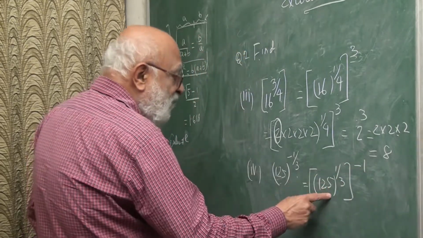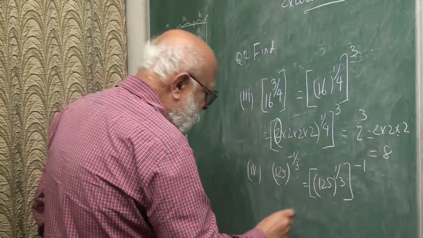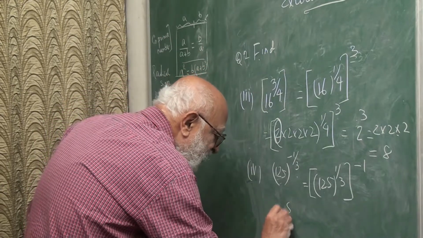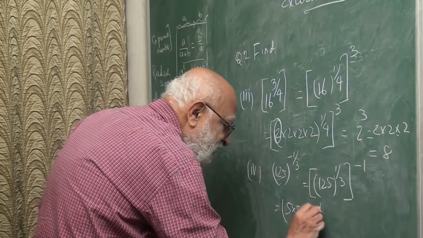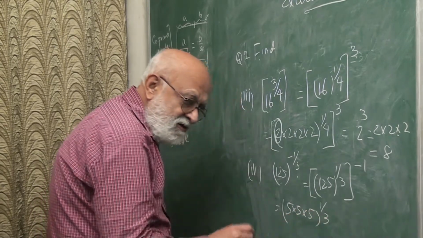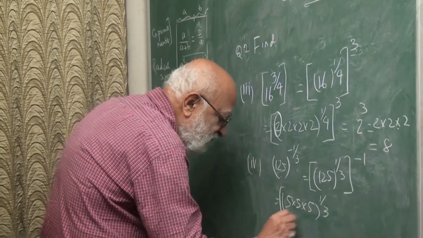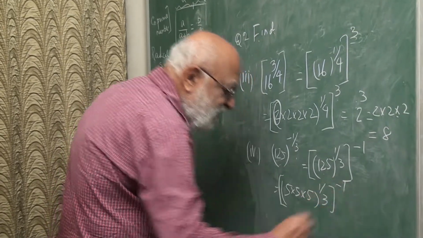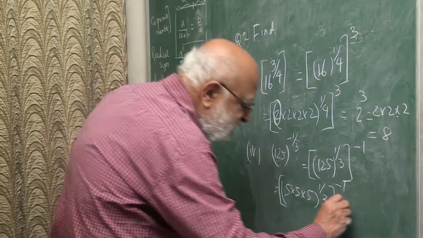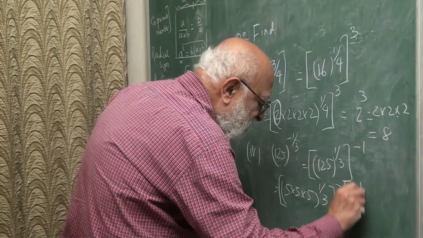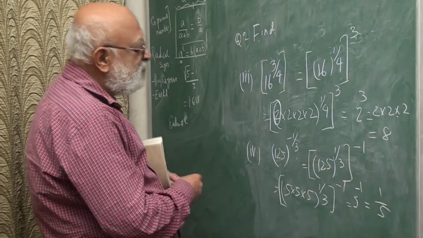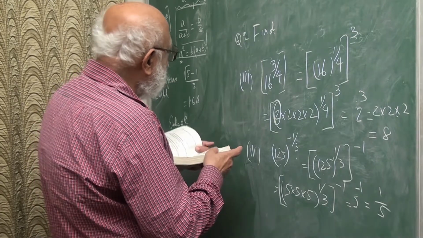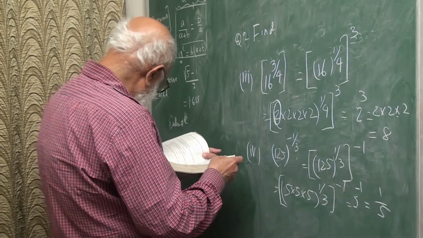So this would be 5, we have just done it before. That is equal to 5 into 5 into 5, to the power 1/3, and then to the power minus 1. That is 5 to the power minus 1, that is 1 upon 5. So this is done. This is question number 2.